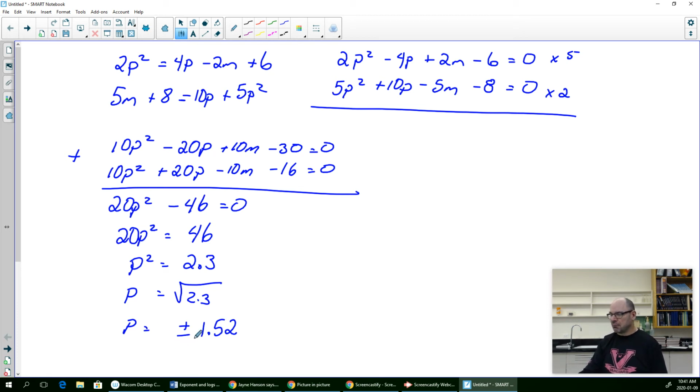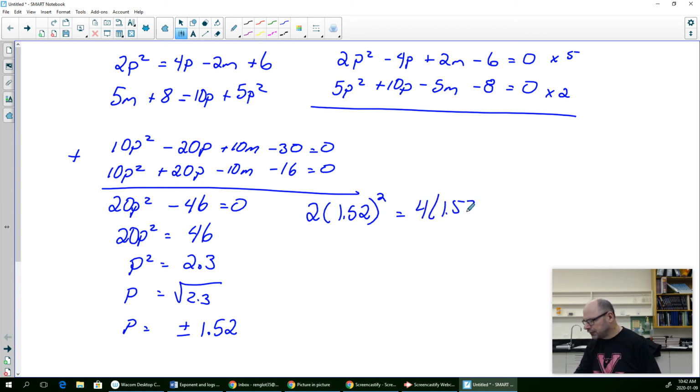So now that you know what the p is, we could figure out what the m is just by plugging in what it is. So let's go 2 times 1.52 positive. I'm just going to use this top one, squared, equals 4 times 1.52 positive minus 2m plus 6. And then we're just going to plug this in.